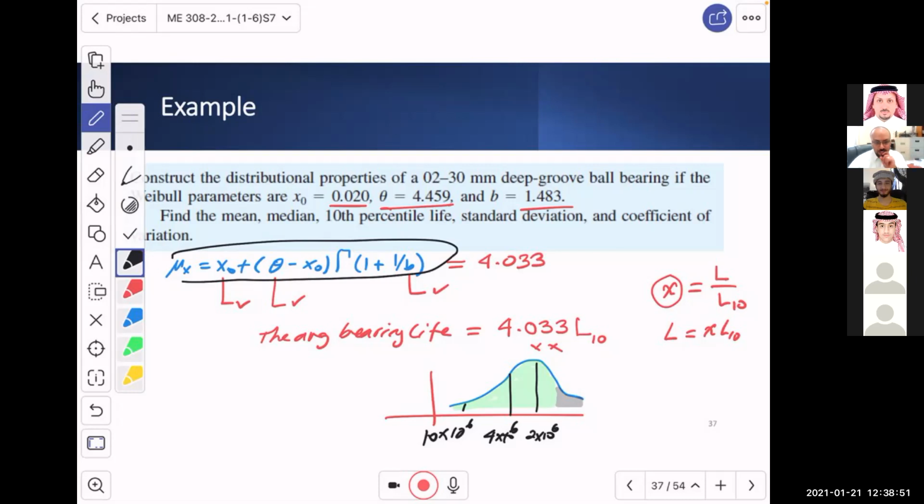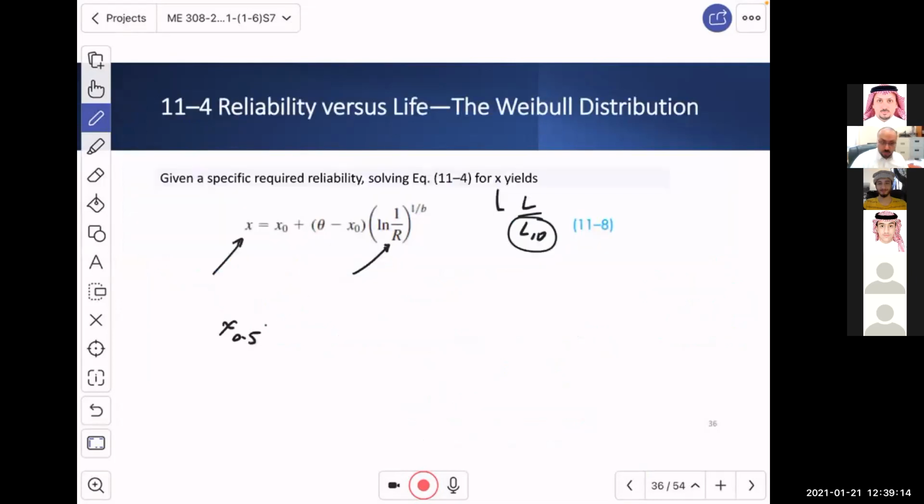Now, what about the mean? No, this is the mean. What about the median? The median in statistics, guys, is the measure for 50% reliability. It's different. It's 50% reliability. So what do we do? We go to this equation and we say x for 0.5, which is 50% reliability, equals x0, which is known, plus theta minus x0, which is also known, multiplied by ln of 1 over 0.5, to the power 1 over b, where b is also known.